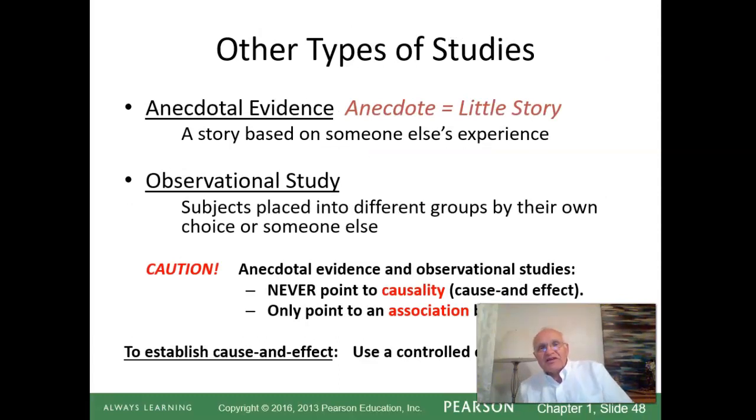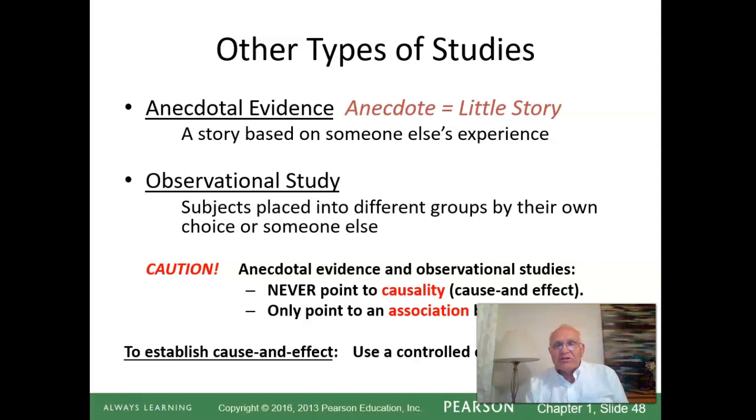Other types of studies, the most common one is shown here as observational studies. Observational studies are where subjects fall into groups, if you will, the groups of interest, either by their choice or someone else's choice, and it wasn't necessarily randomly assigned. Maybe there's just historical data where people fell into groups naturally.